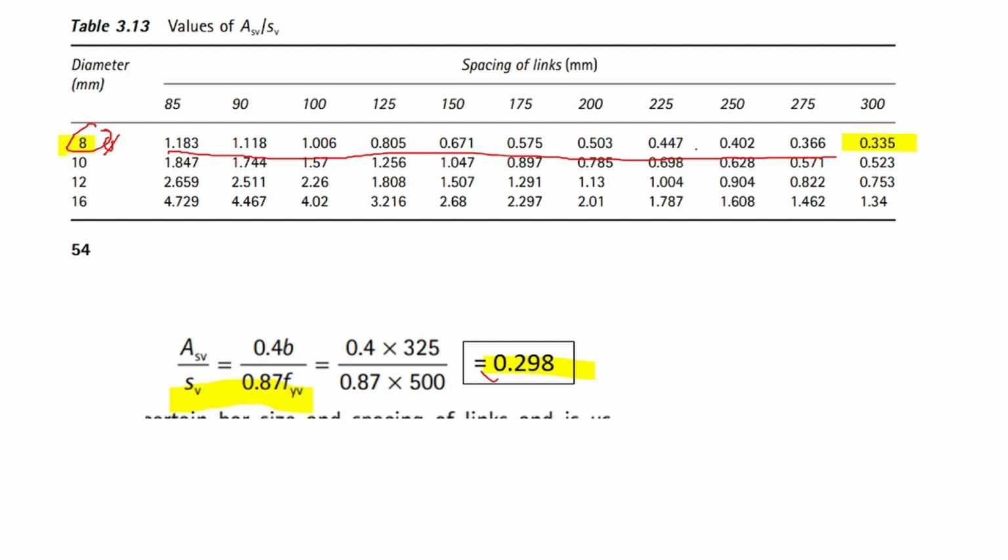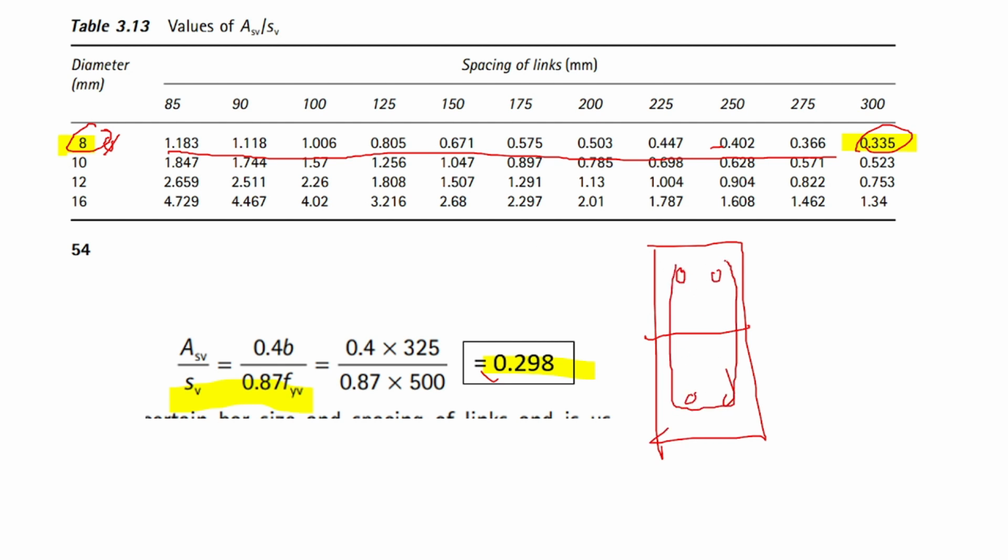These are all bigger values. The smallest one is 0.335. In other words, in our stirrups, if this is the beam, the stirrups here are 8 diameter spaced at 300. If you use 10, still this is the smallest one.